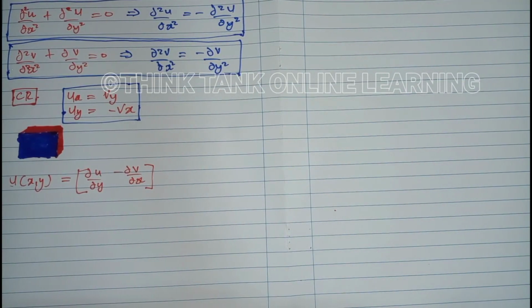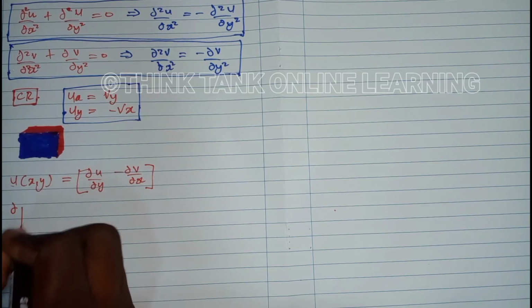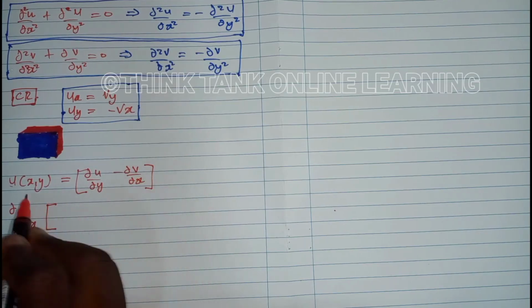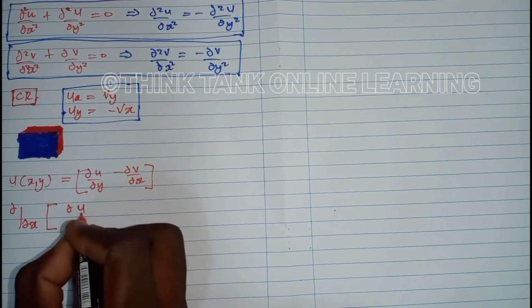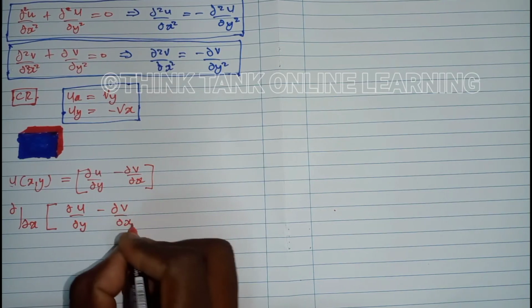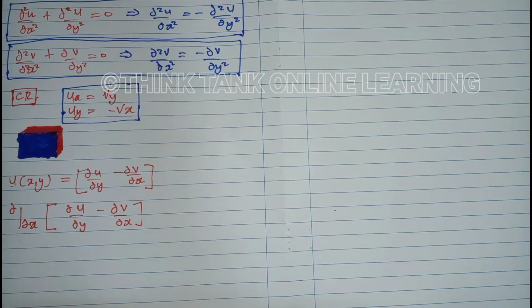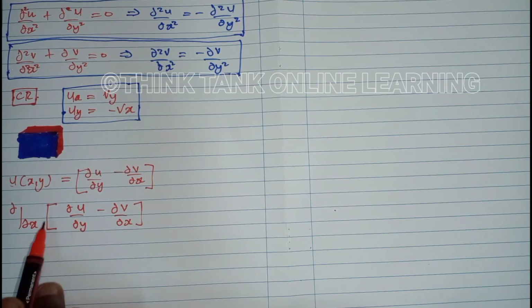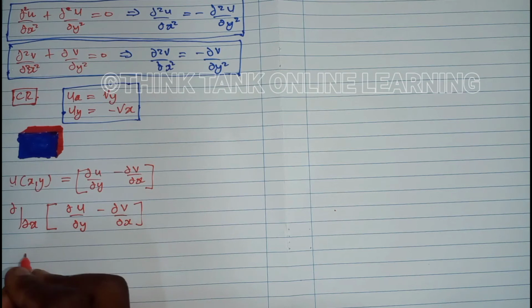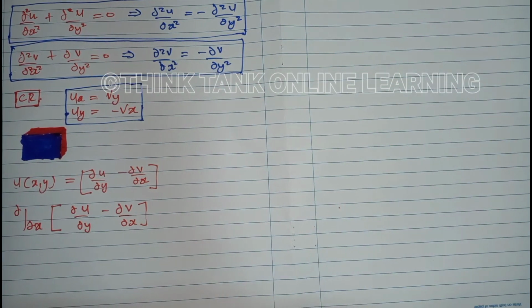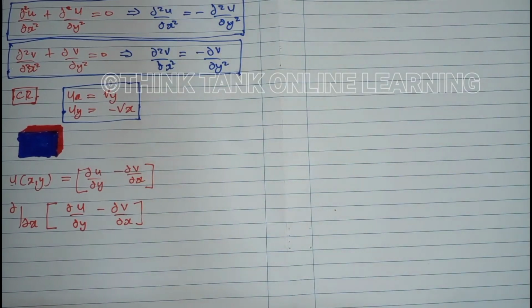So I'm going to find the partial derivative with respect to x. That means I'm going to differentiate the function, partial u partial y minus partial v partial x, with respect to x. What I'm going to have here is partial squared u over partial x partial y. What about the second term?